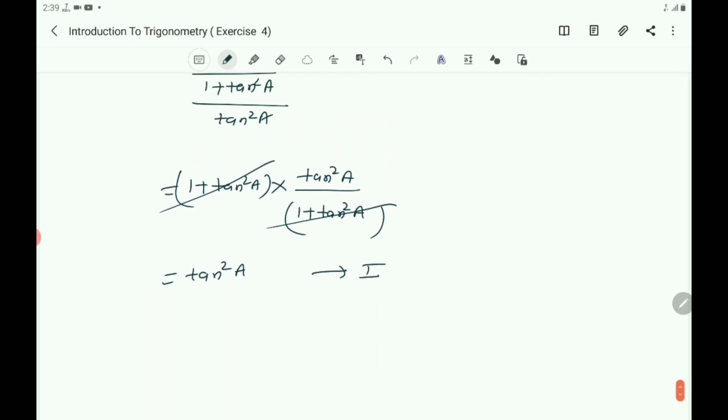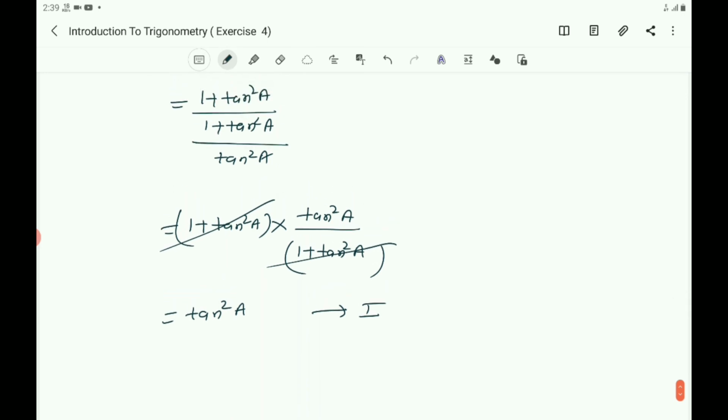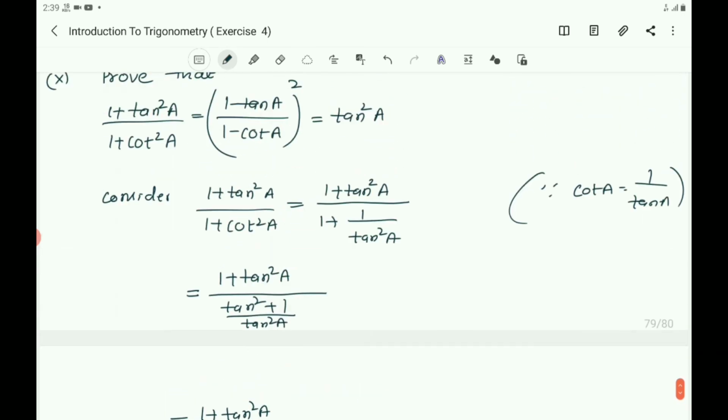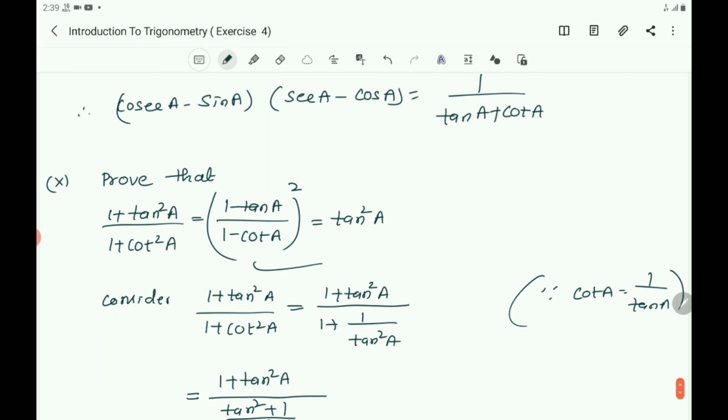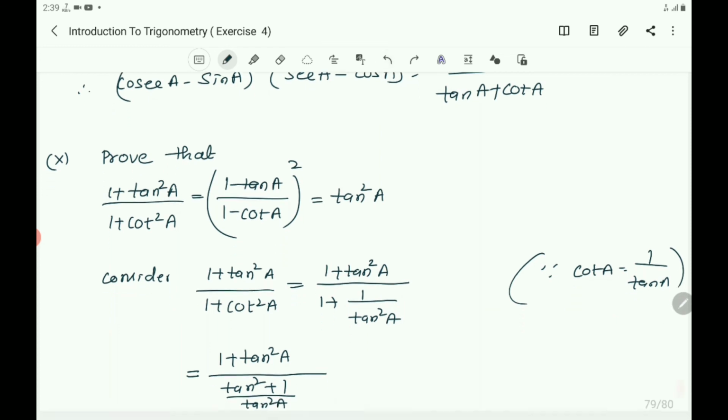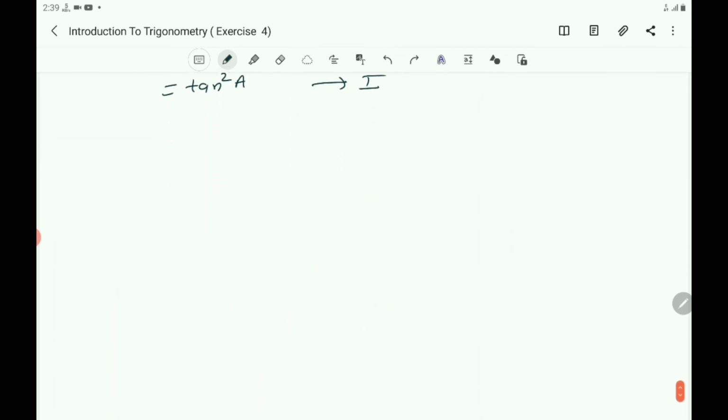Again you take the next part. What is that next part? This one. 1 minus tan A by 1 minus cot A whole square. Consider 1 minus tan A by 1 minus cot A whole square.